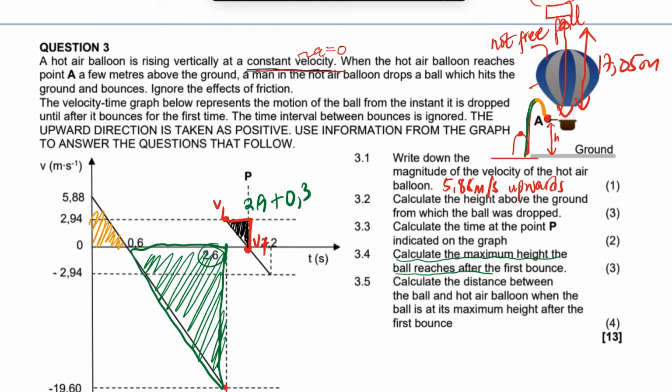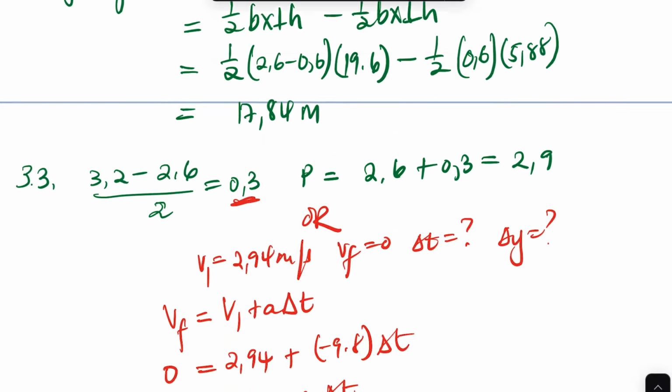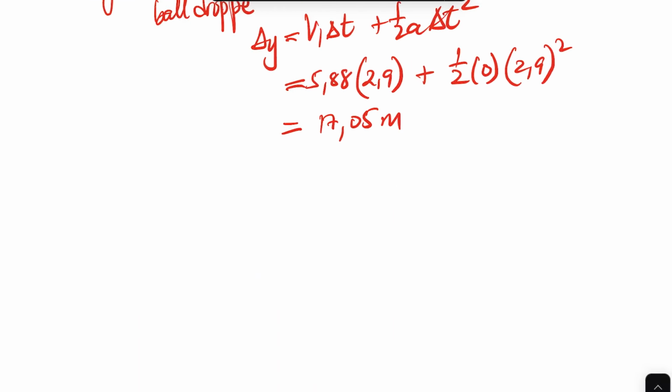So now what are we going to do? We're going to add the hot air balloon's height from the ground, because we have the height of the hot air balloon. So we'll say hot air balloon from the ground is both distances.